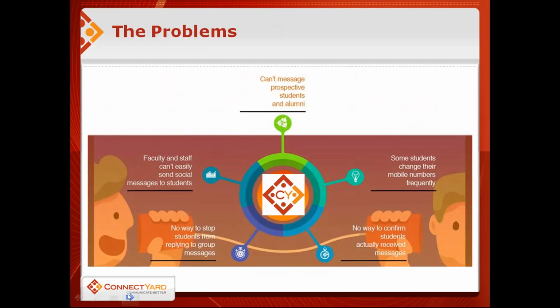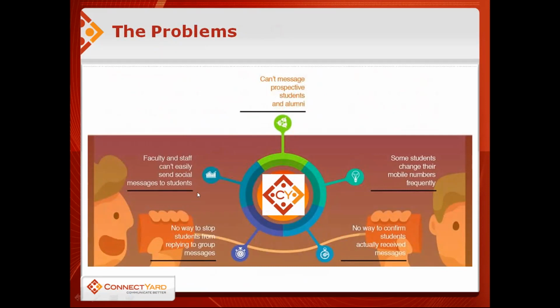Now, the problems that were shared with us are as follows. With Blackboard, they were not able to reach prospective students or alumni through their Blackboard platform, and they is the university there in Saudi that we were working with. So they like the idea of ConnectYard being able to handle that.